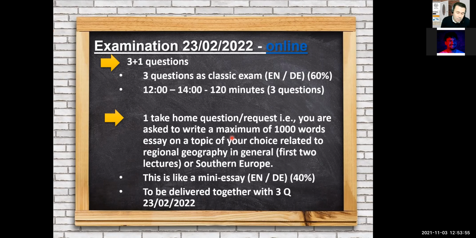Maybe you are interested in the results of the climate conference in Glasgow, and you want to understand what the southern countries are doing to address climate change. So it's clearly a regional geography topic. There is a plethora of topics to explore in this domain, and please use your background to come up with an idea and write the mini essay.